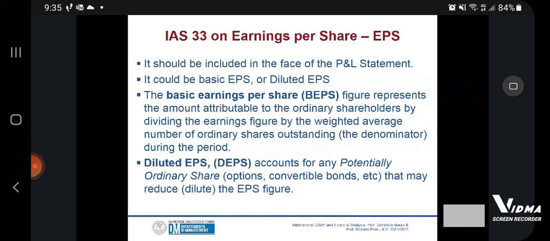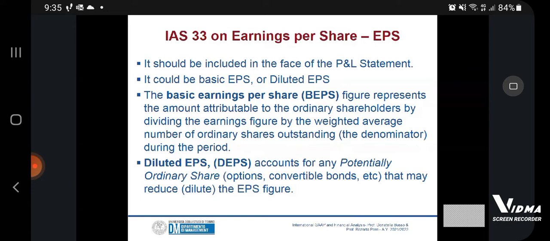So this is why companies, in order to be very transparent with the potential earnings that they are reporting, have to calculate the basic earnings per share, which is based only on the number of current existing ordinary shares, but then they have to take into account these potentially ordinary shares: convertible bonds, convertible preferred shares, options and warrants and so on.